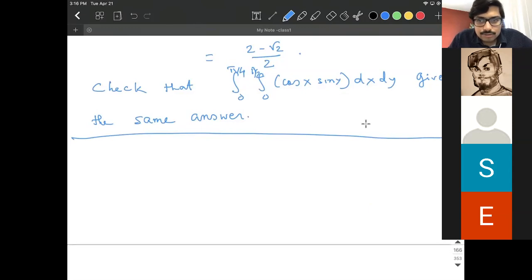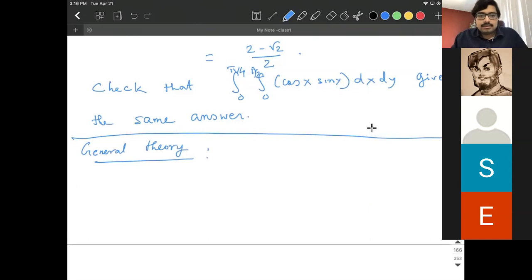Now moving on to VC6. So we are in lecture 6, so we'll start lecture 6 right now. The general theory. Okay, so what we do is the following. Now, still we stick to rectangle.